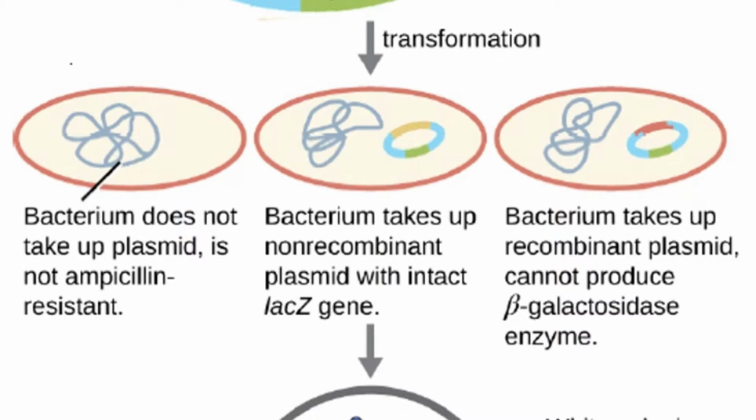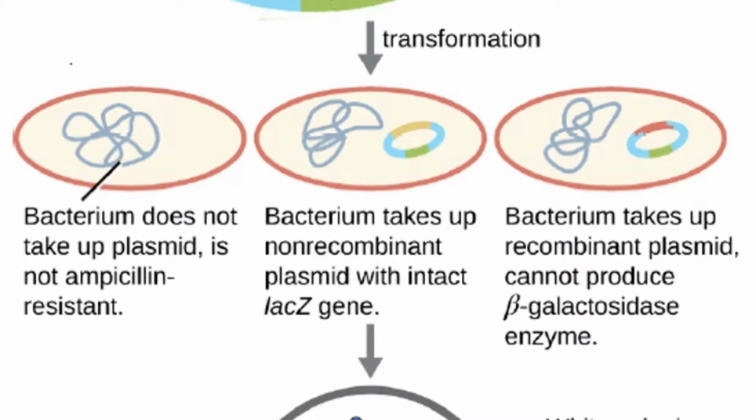So some of the bacteria will not pick up any plasmid at all, and because they haven't picked up any plasmid at all, you can select against them or kill them by putting ampicillin in your petri dish, right? And because they're not ampicillin resistant, they won't survive, so you will have selected against them.